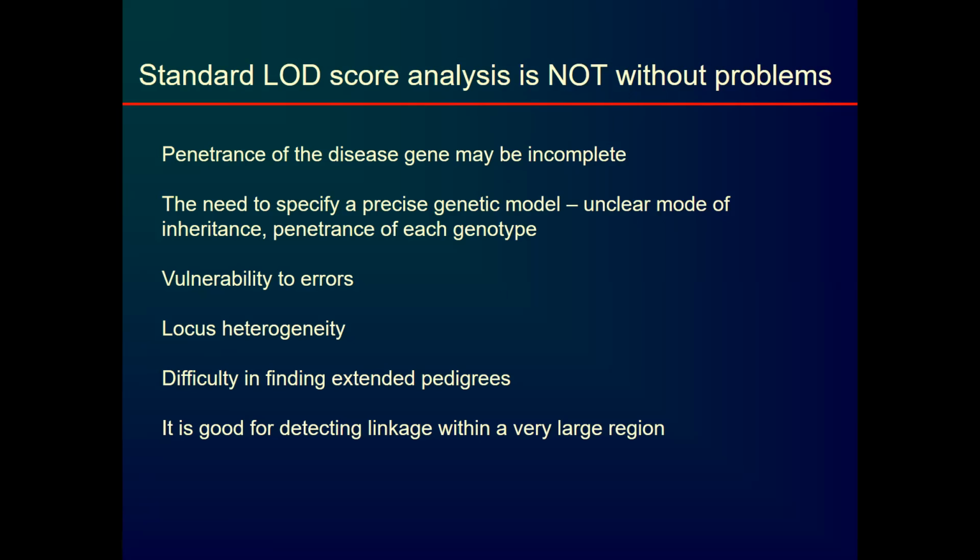In some examples that I have seen, the linkage region is really very big, in some cases even the entire arm of one chromosome. But at least you've managed to zoom into the genome and identify which chromosome is involved, and the region that is likely to contain the gene responsible for the disease.